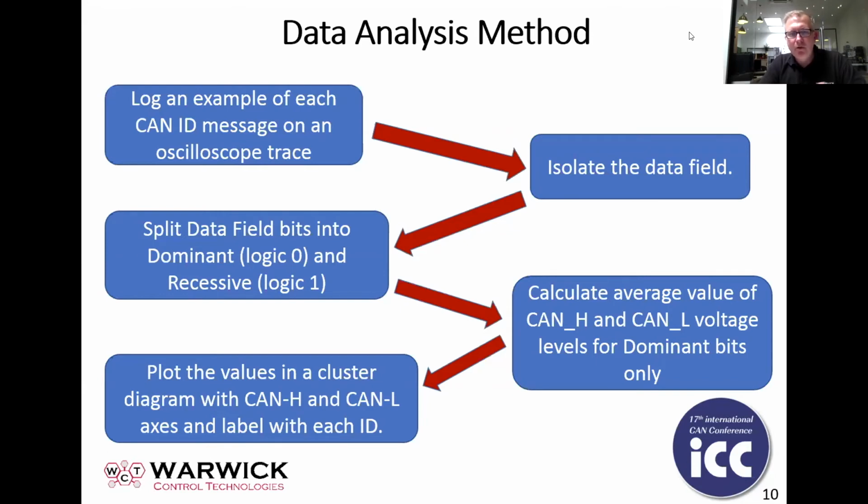It's worth trying both to see which gives you the most interesting results. And then the final part, where using Excel is very useful, is that you can make a plot of this in Microsoft Excel. You get a cluster plot, where the groupings of the clusters are the groupings of the messages sent by one single ECU.